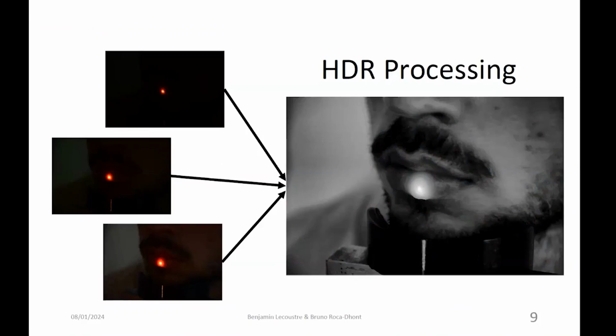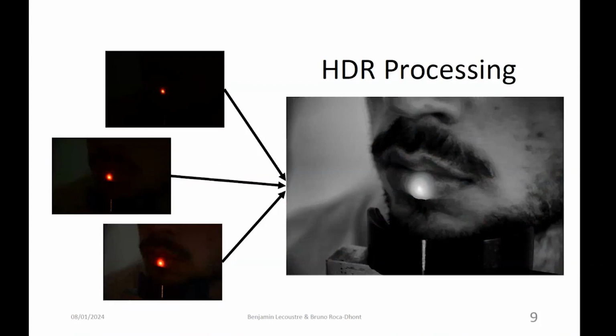You may ask why 3 pictures. It is to do some HDR processing. HDR is short for high dynamic range, and it enables us to have more precise information about the PSF.